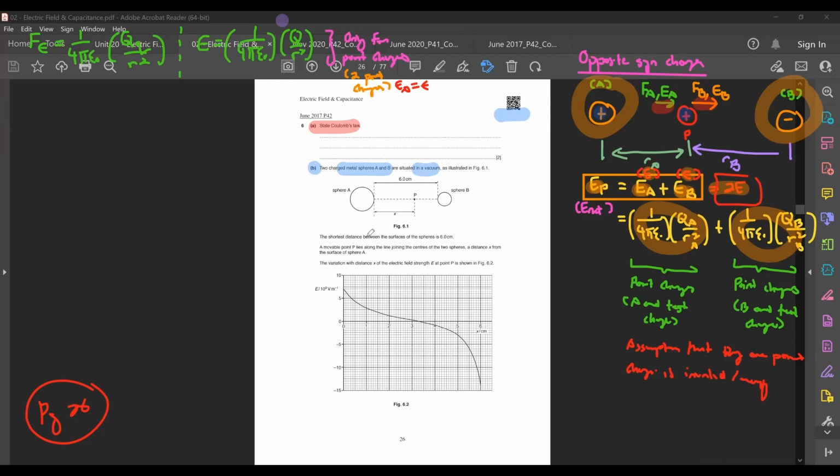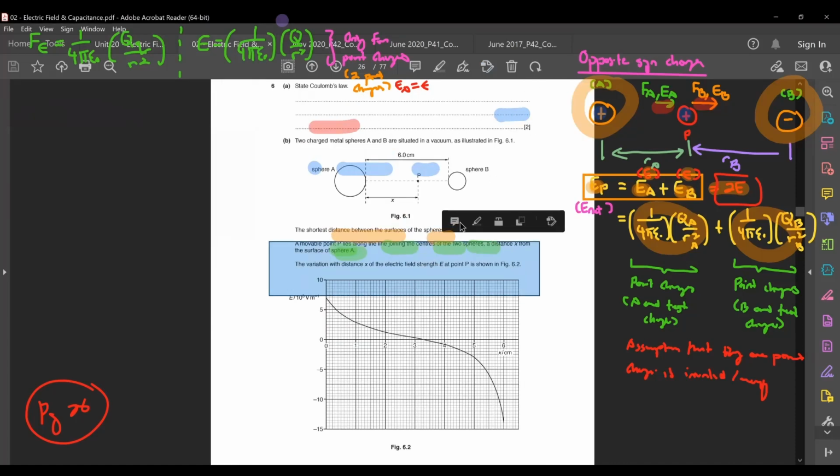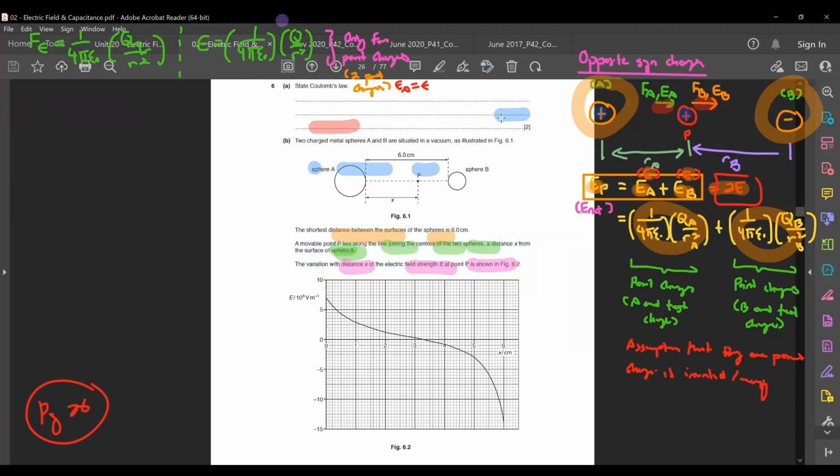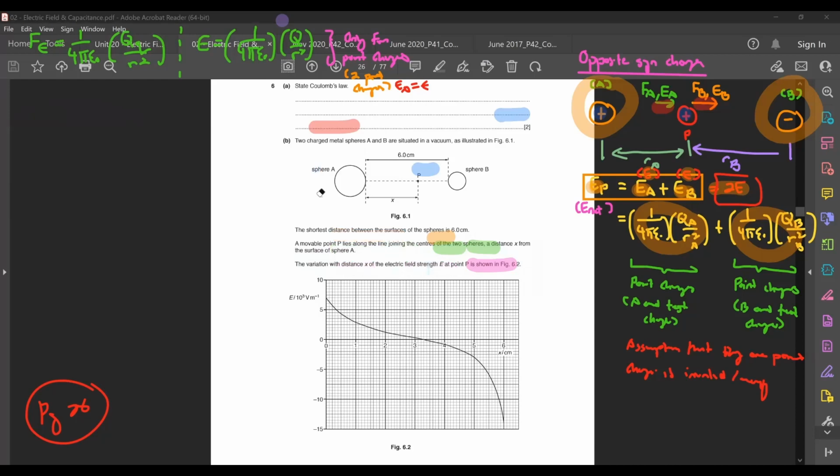The shortest distance between the surfaces of the spheres is 6 centimeters. A movable point P lies along the line joining the centers of the two spheres, a distance x from the surface of sphere A. The variation with distance x of the electric field strength E at point P is shown in the figure.